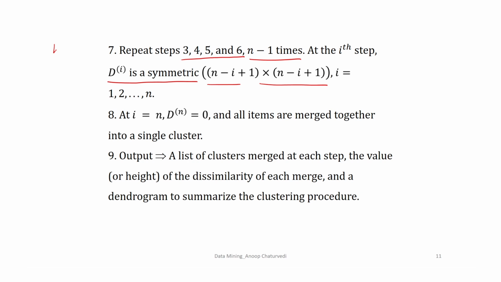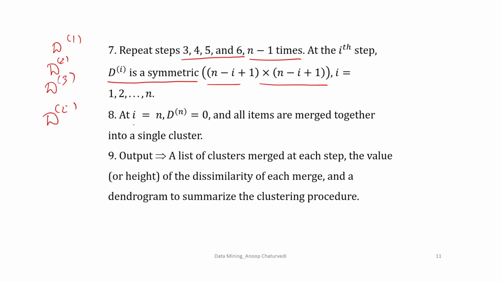So, initially you have the distance matrix D1 which is of order n cross n, then you have the distance matrix D2 which is of order n minus 1 cross n minus 1, then D3 which is of order n minus 2 cross n minus 2, and so on. At the ith step you have Di which is of order n minus I plus 1 cross n minus I plus 1.